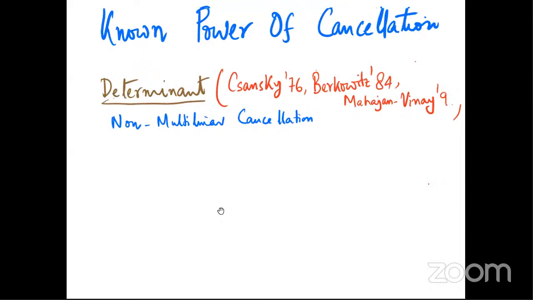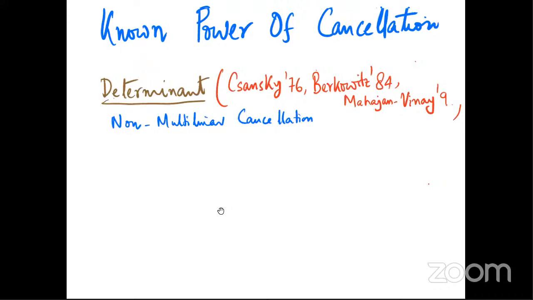So how do we find this polynomial? Let's quickly review what kind of power of cancellations we know, and when cancellations help. As I said, the primary polynomial in the arithmetic world whose computation involves cancellation is the determinant.